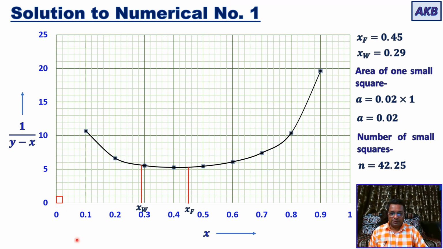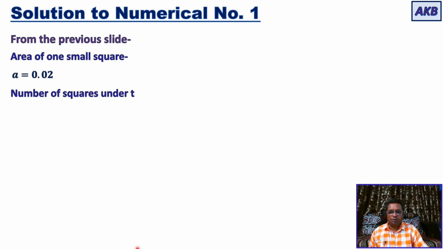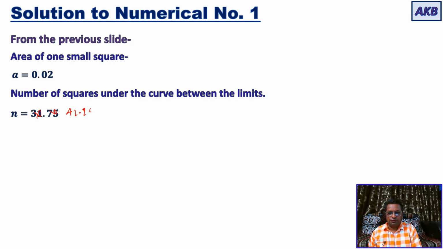Now let us do the calculation. From the previous slide we know the area of one small square is 0.02. We have counted the number of such small squares between the limits, so that is 42.25. Let me check, this is not 31.75, it is 42.25.